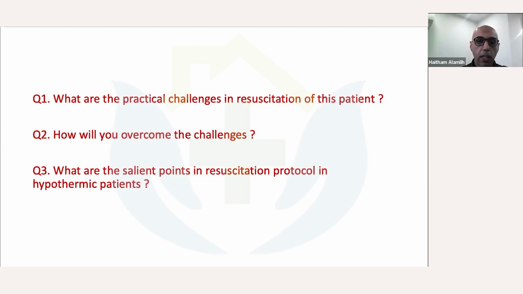If the temperature is less than 28, we can delay the vasopressors a little bit, or we can give adrenaline every 3 minutes, not every minute like the regular protocol. When the patient's temperature increases to 30, we can resume the protocol as normal, as for regular patients.